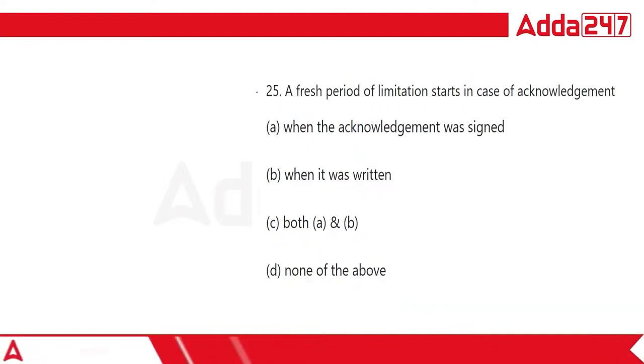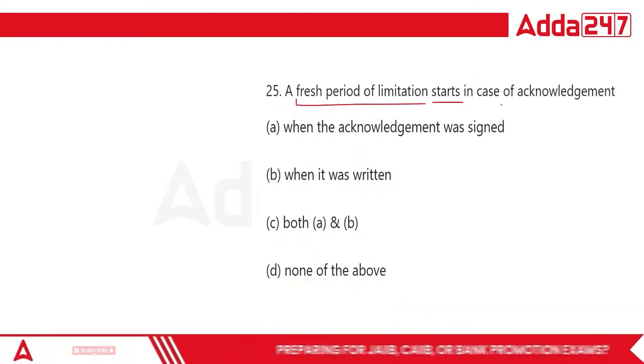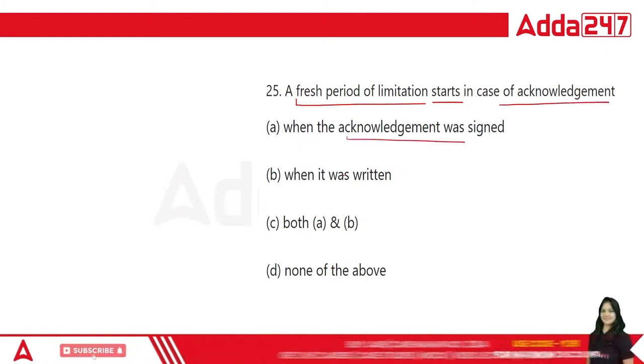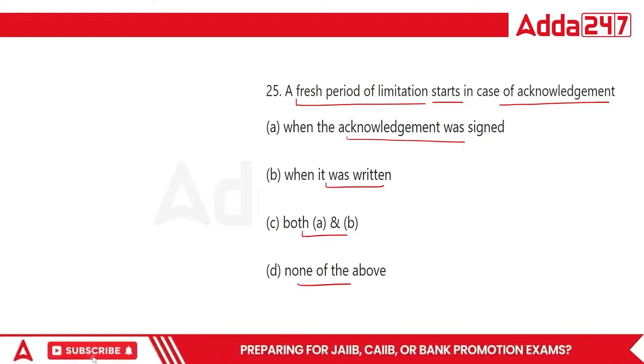Now, the fresh period of limitation starts in the case of acknowledgement when the acknowledgement was signed, when it was written, both A and B, or none of the above. What is the right answer?